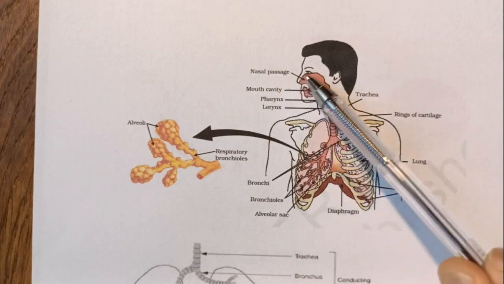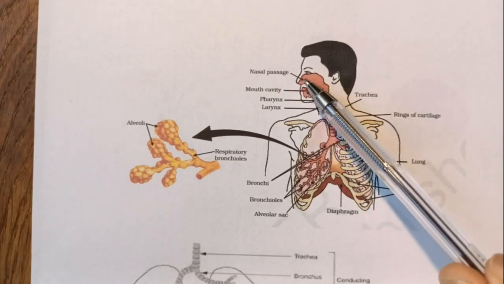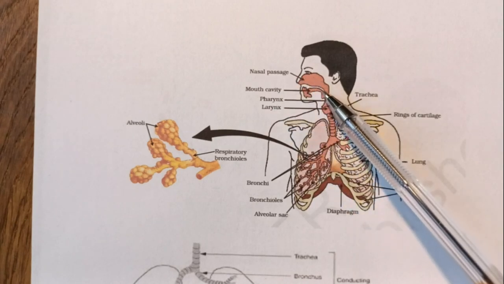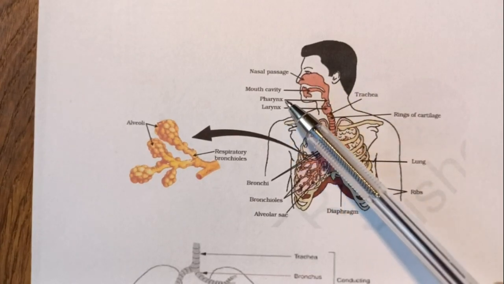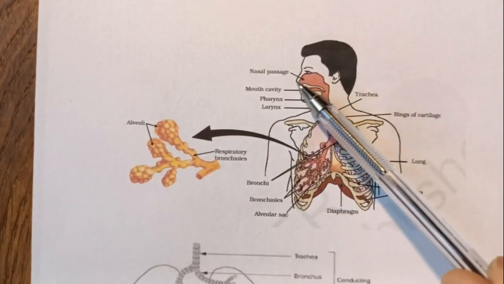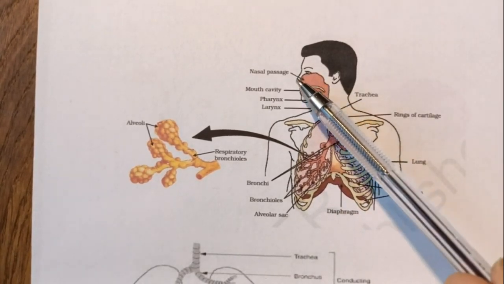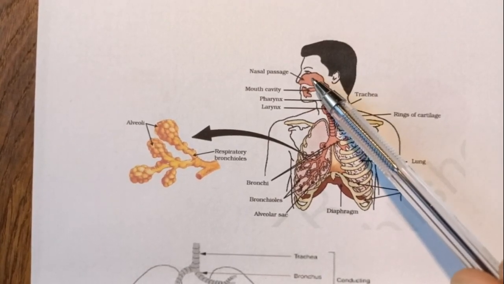They are filtered out, so they don't pass in. What happens if they pass in? If they come here in the nose, you will have a sneeze. If they come up to the throat, you will have a cough in an attempt to throw out that foreign particle, dust particle, or insect or anything that tries to pass into the airways through the nostrils.